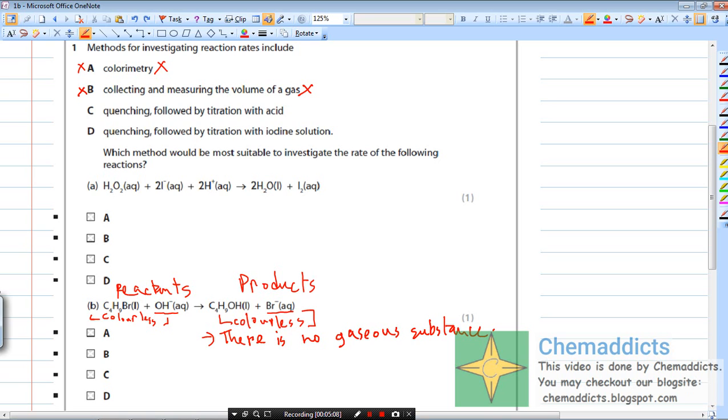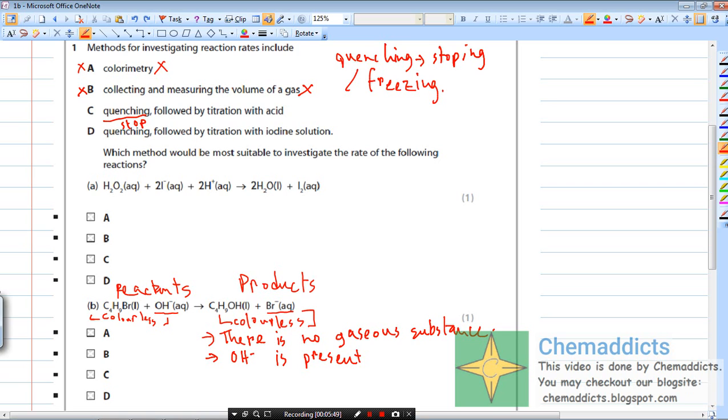Let us move on to option C and see whether it is suitable. Since hydroxide is present, we can carry out quenching followed by titration with acid. At first we stop the reaction, and quenching means stopping or freezing.